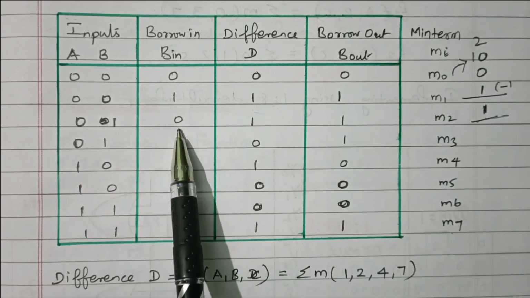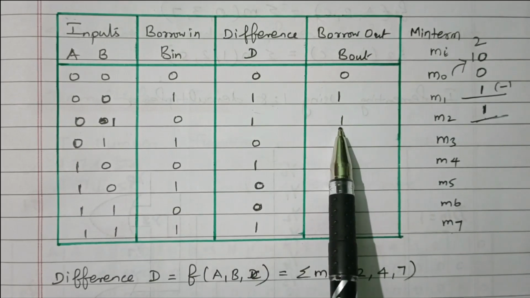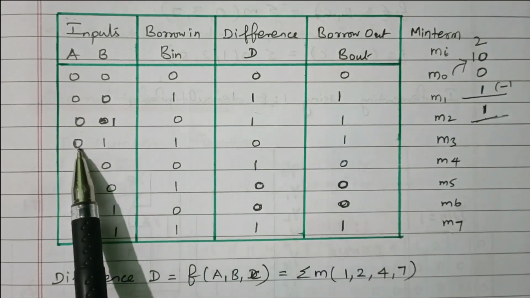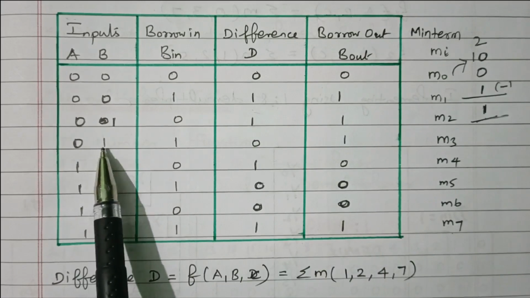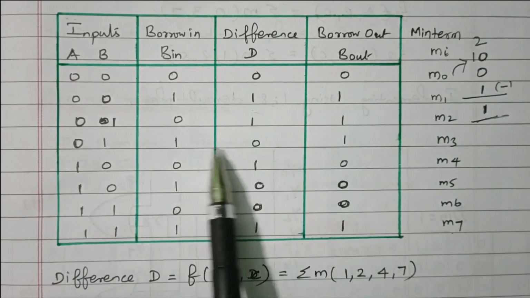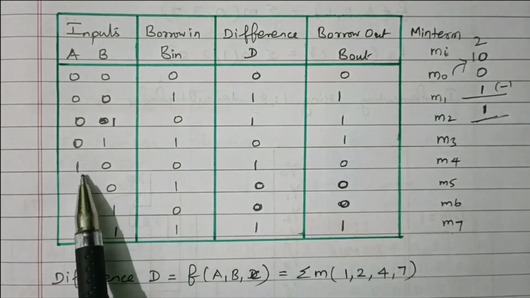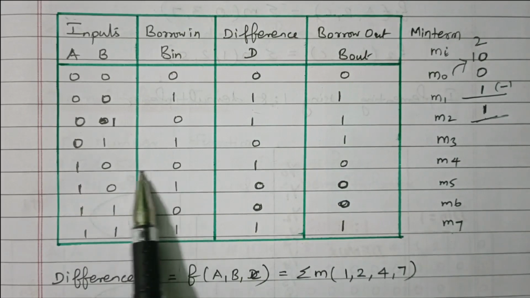The next digit is 0 already, so no problem. The difference is 1 and borrow also 1. Here 0 minus 1 means difference is 1 and borrow is 1, but here one more 1 is there, so 1 minus 1 becomes 0. Only borrow is 1.